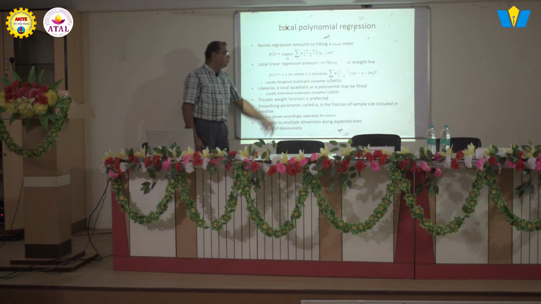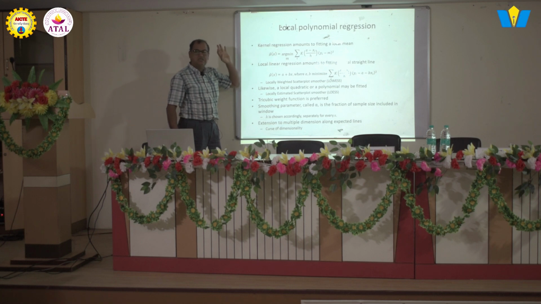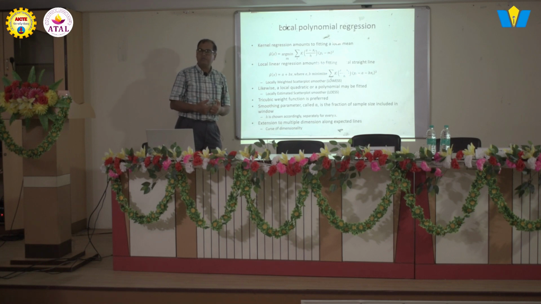Now, the whole purpose of writing it this way is to see whatever we have done so far as the solution to a search problem. The search problem is for the best regression function.